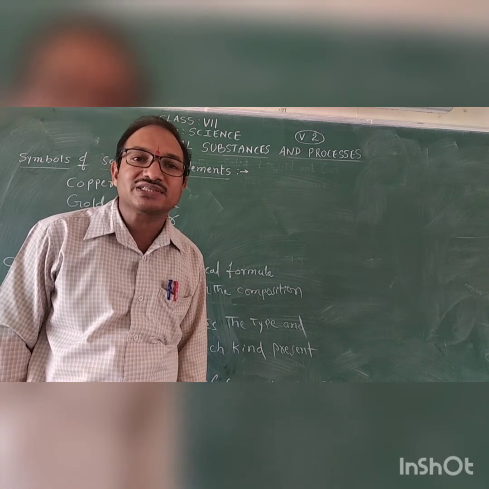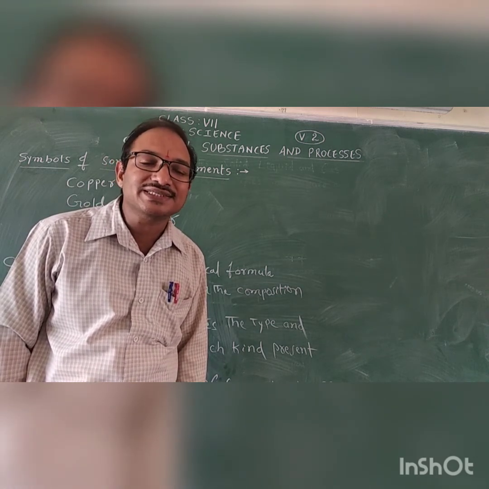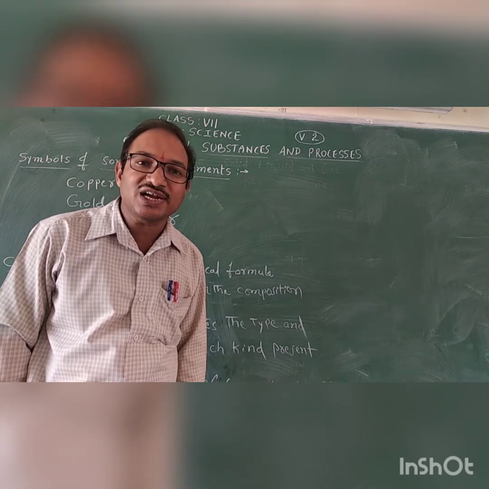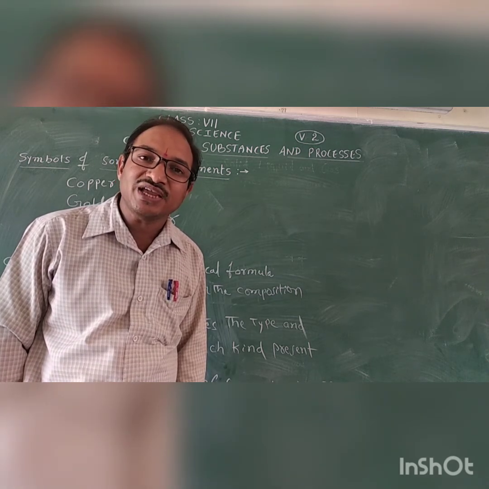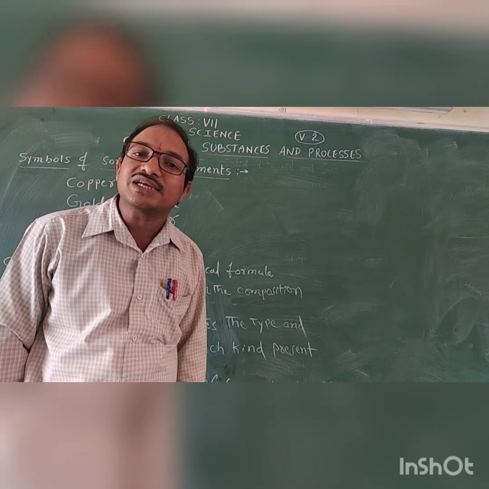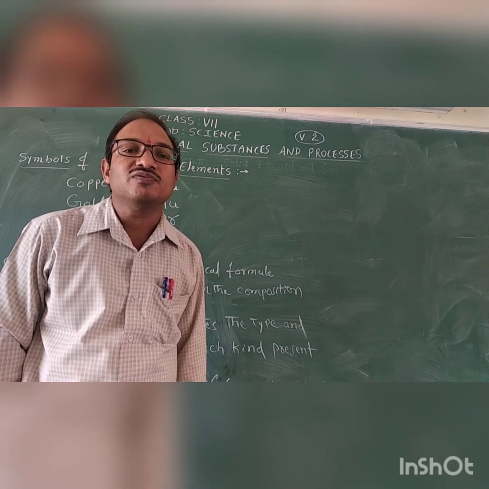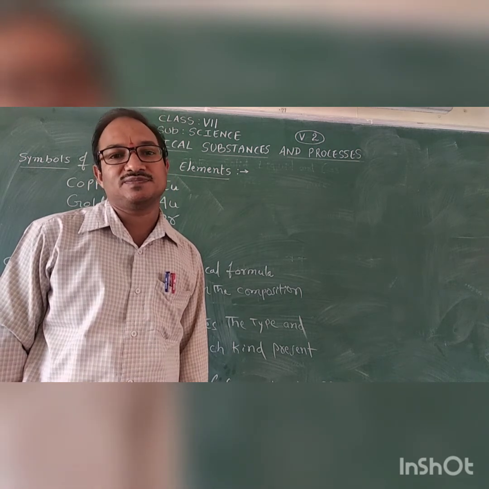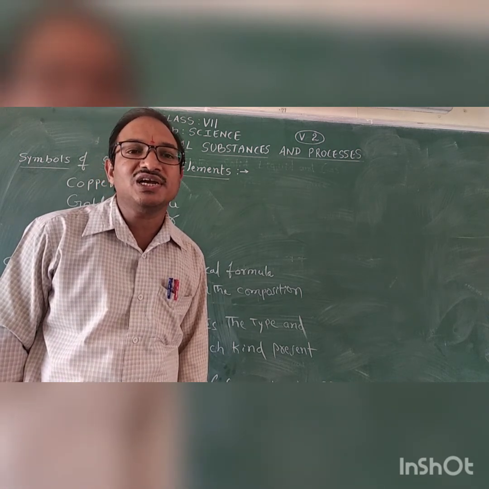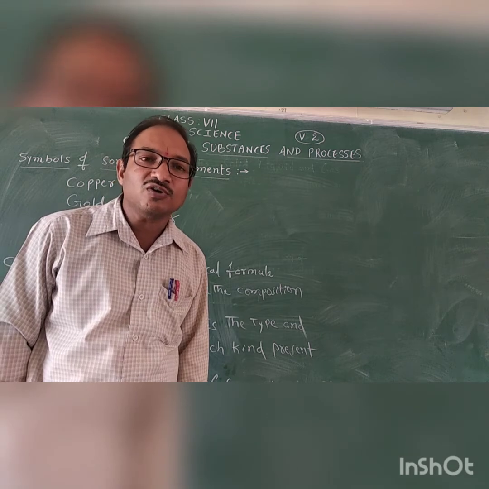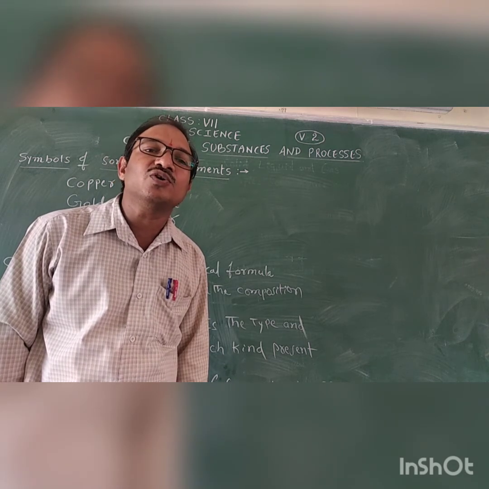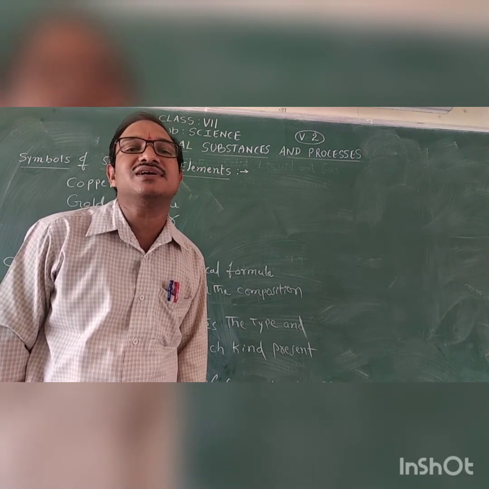Just as the alphabets A, B, C, D are important for a child, to learn chemistry these 1 to 20 elements are also very, very important. Every child should know at least 1 to 20 elements in serial order.